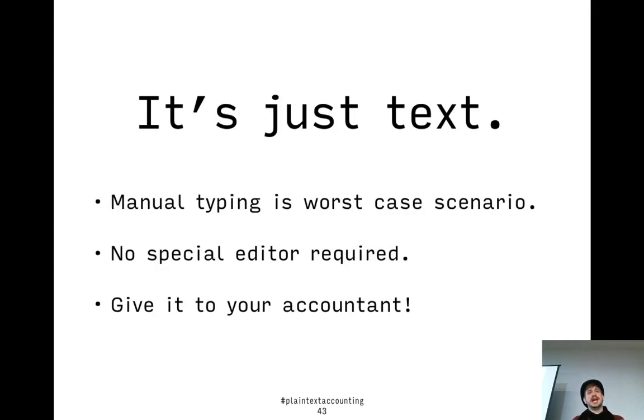Ledger is just text and a program that reads that text to produce reports. It's fast, incredibly fast. It uses very, very little memory, and it doesn't stay loaded in RAM. It's not like a desktop application that's there occupying 500 megabytes of RAM because it's an Electron app. The records are about as raw as they can get.